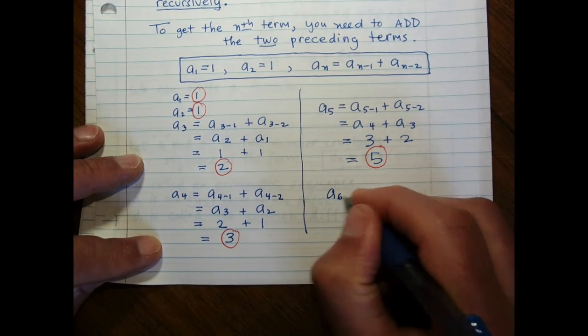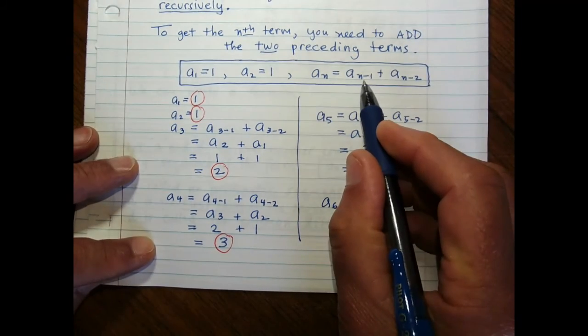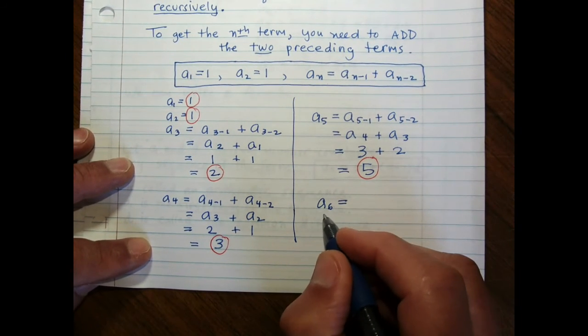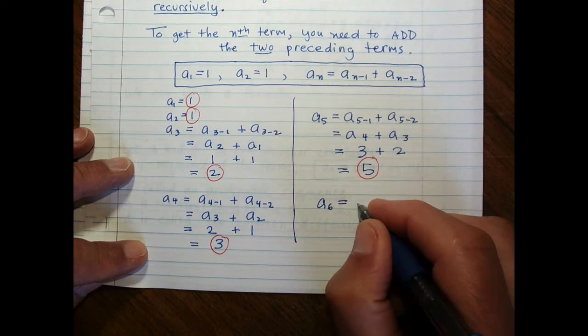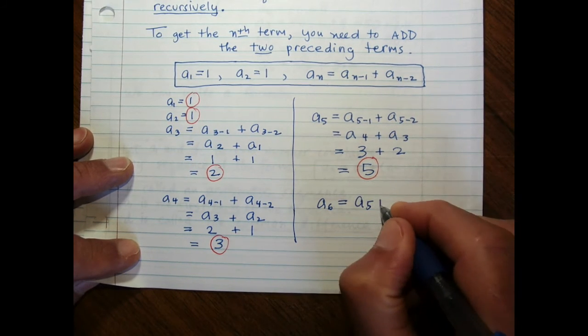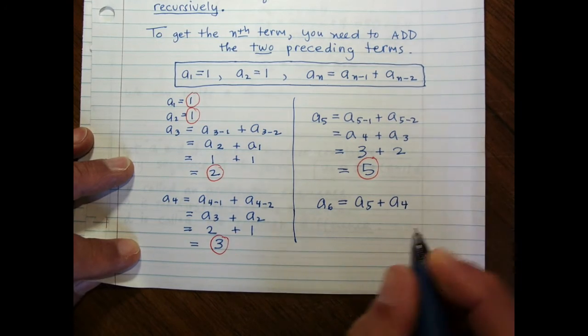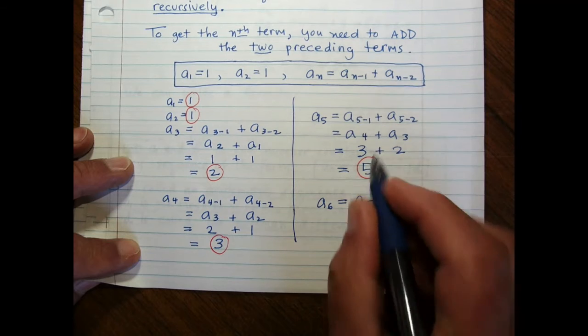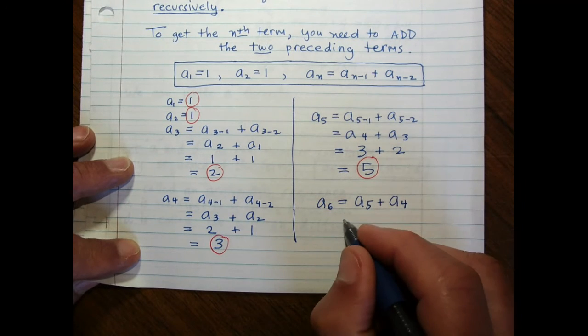I'm going to write out a sub 6. Now, the whole point of this strange looking formula is that a sub 6 is going to be a sub 5 plus a sub 4 if we plug into the formula, right? I'm leaving out the step I've been writing up above for the previous one.